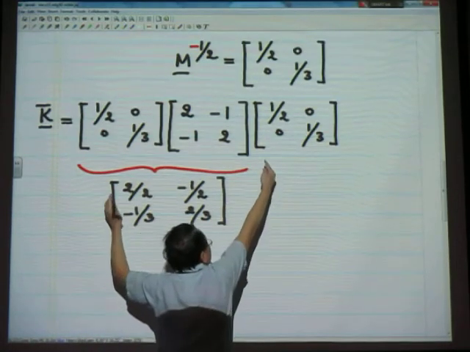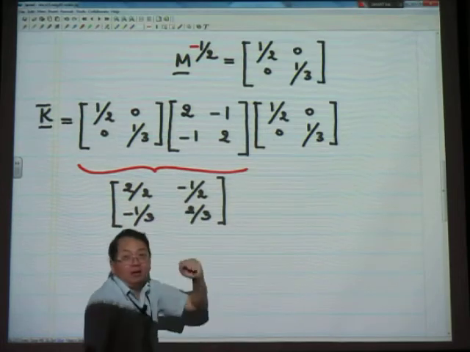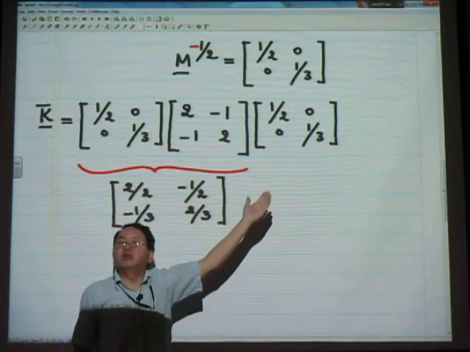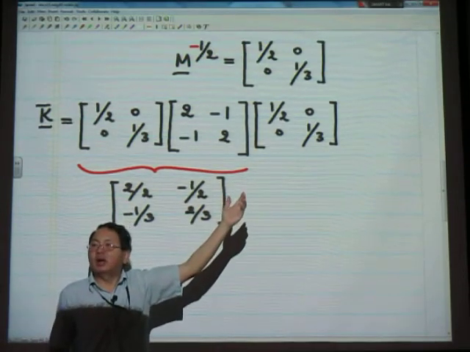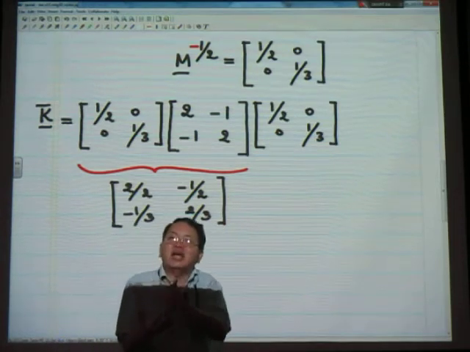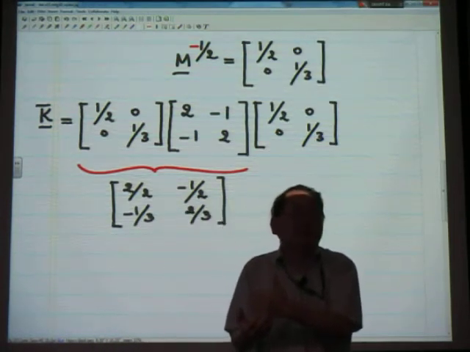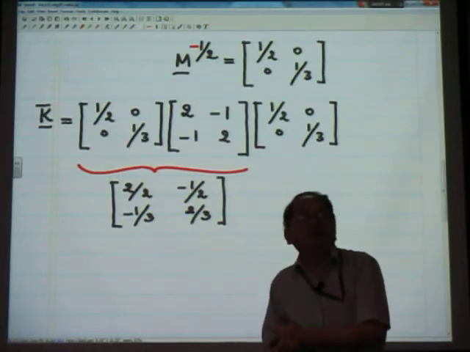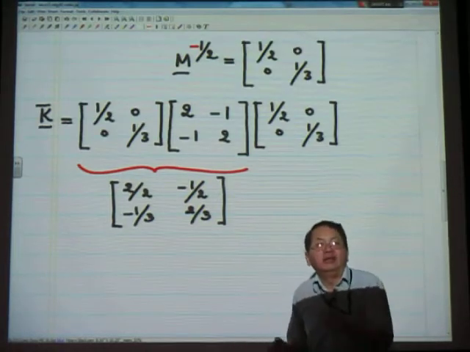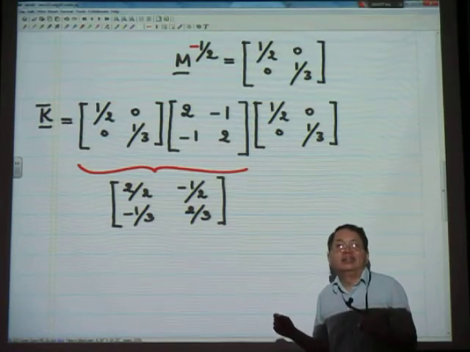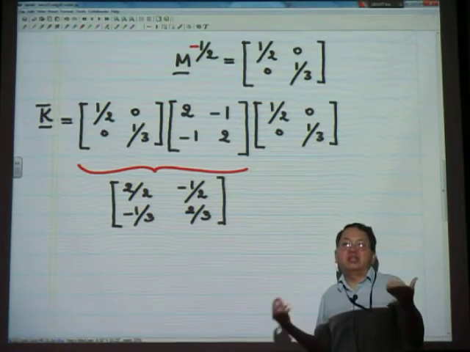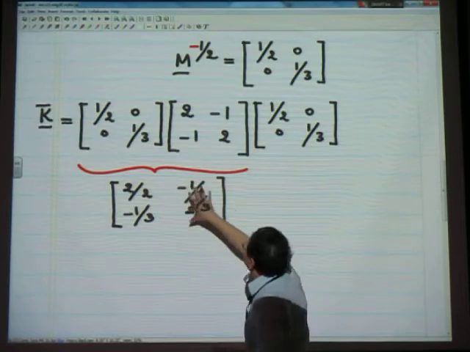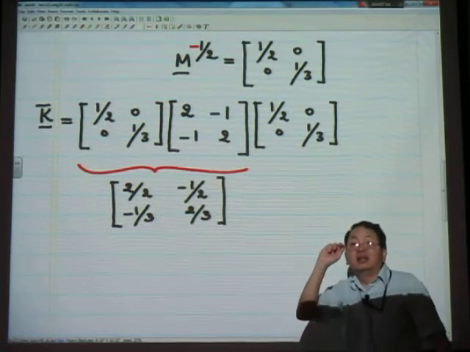Okay. Now you post-multiply by another diagonal matrix, which is also M to the minus 1/2. What is the conceptual operation before talking about the numbers? Anyone? What would be the conceptual operation? You just take this matrix times this diagonal matrix.